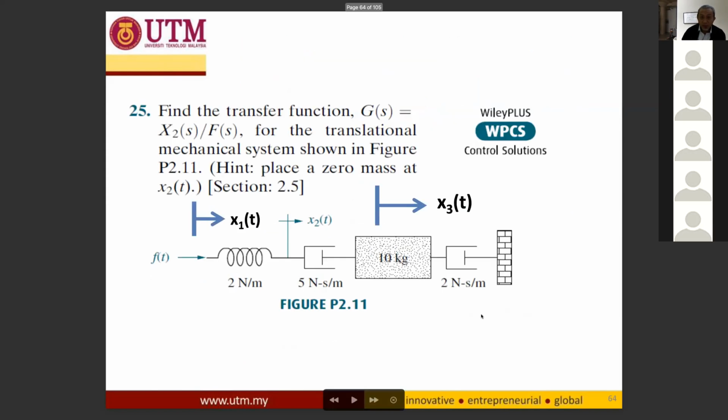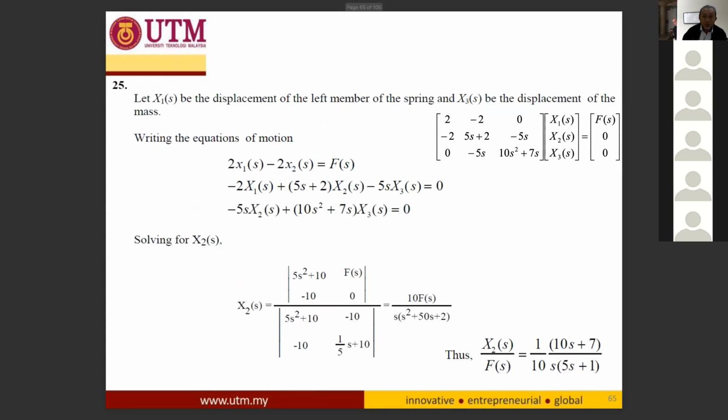For the next example, which is in the book as well, you have a 2 Newton per meter spring with displacement x1, a damper with displacement x2, and the mass with displacement x3. Again, we produce the free body diagram, and then the force equations.